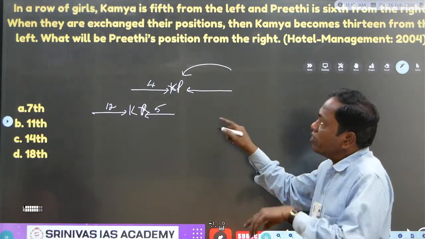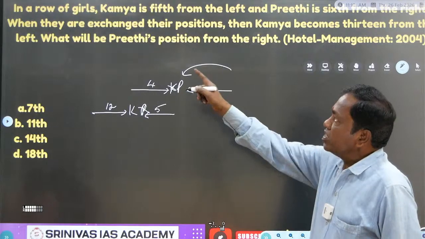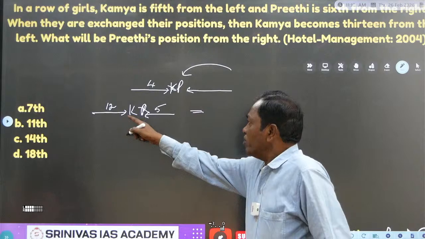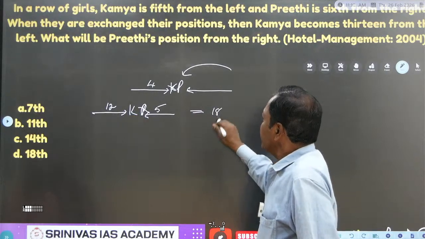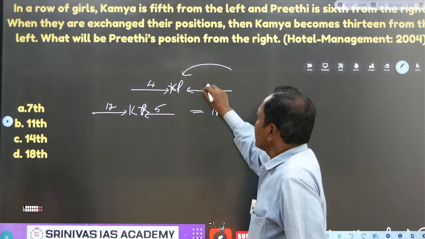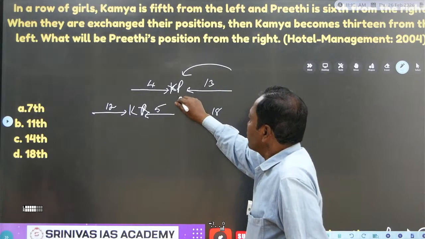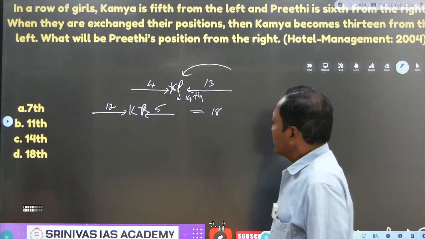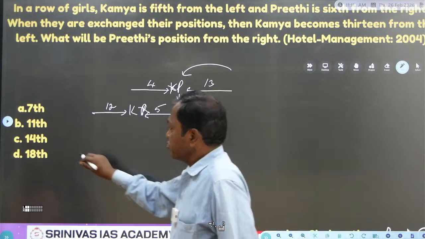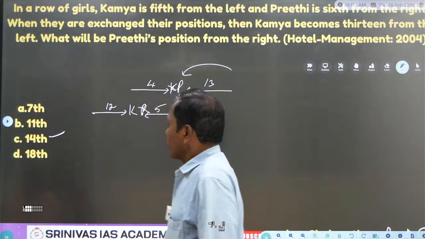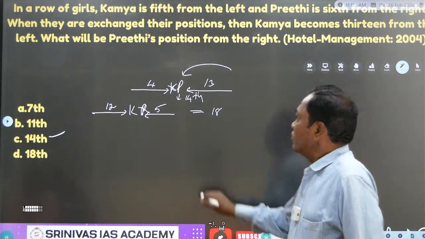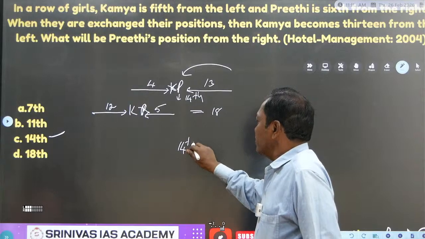Because all of them are in a single row, in a row of girls, there is only one row. And here the total is known: 12 plus 1, 13 plus 5, 18. 18 minus 5, 13. It means 14th. 14th is the answer.